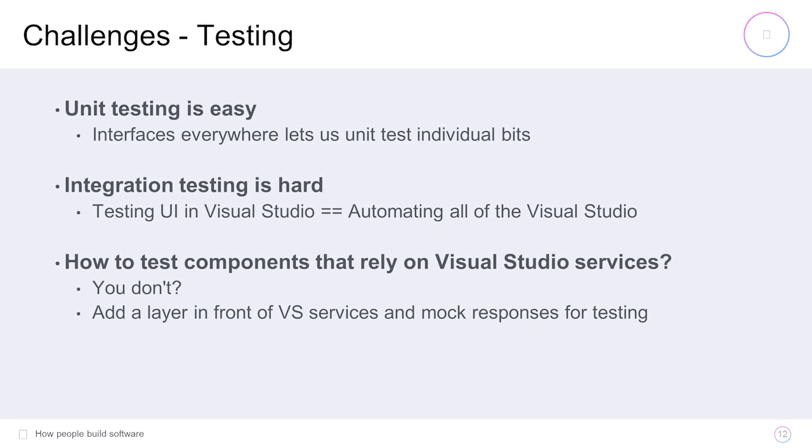We need to automate everything, which is really, really, really hard. And we kind of opted not to do that because that would have been a whole other project to itself. So we make sure that every API that we use from Visual Studio has a layer in front of it, so we can mock those specific services and be able to test everything else that relies on those services without having to mock the whole of Visual Studio.